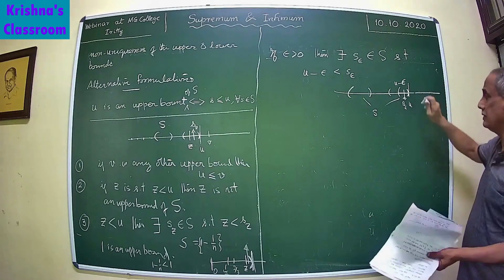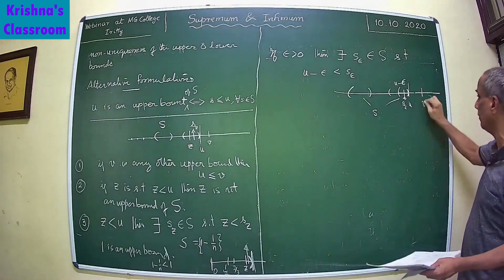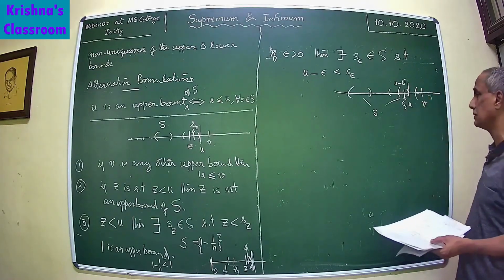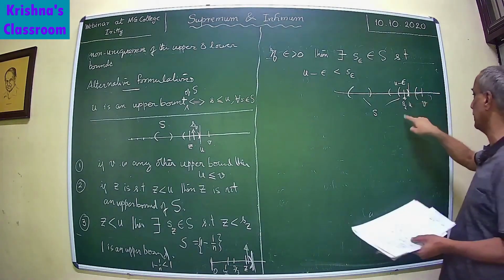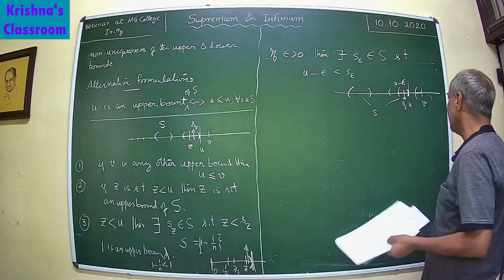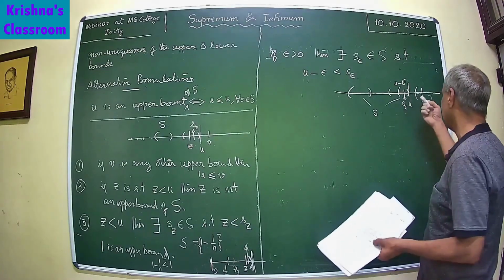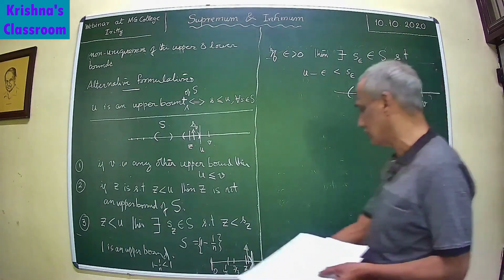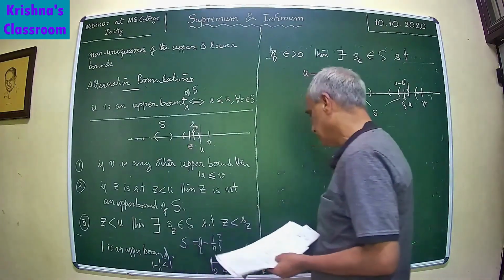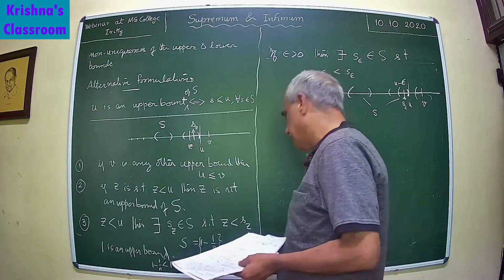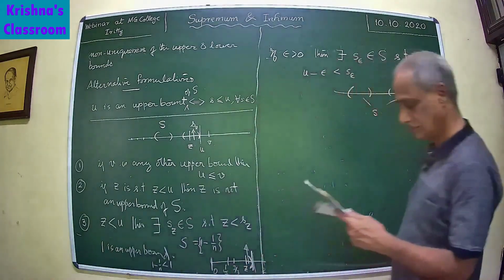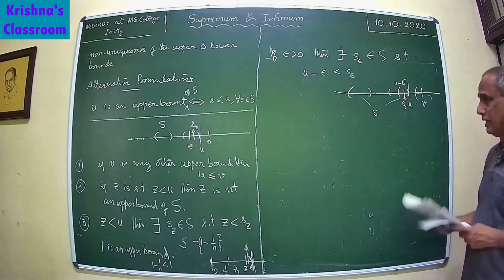If it is not the least upper bound, then you can always find a counterexample. Suppose you take a V, then you can find an epsilon such that there does not exist any element of S between V minus epsilon and V. For instance, in this set, suppose you take 2 as the bound and take epsilon as half. Then between 3 by 2 and 2, there does not exist any element of S. I think you got an idea of this.